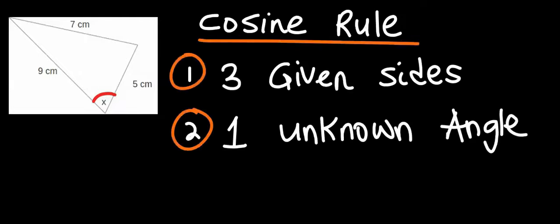Let's consider the first situation where we are going to apply the cosine rule. When you have 3 given sides and 1 unknown angle, you can apply the cosine rule. Unlike in sine rule, where we need 2 angles and just only 2 sides.